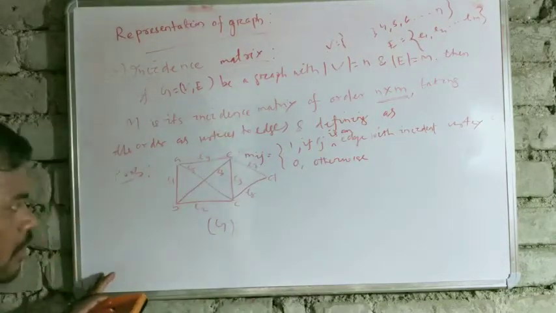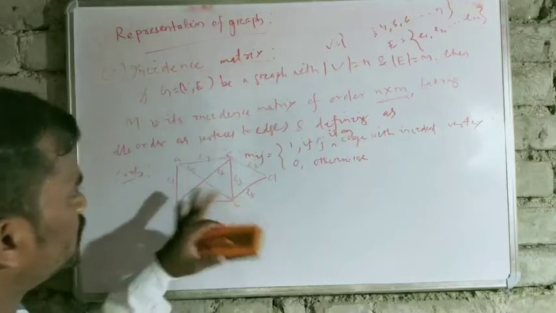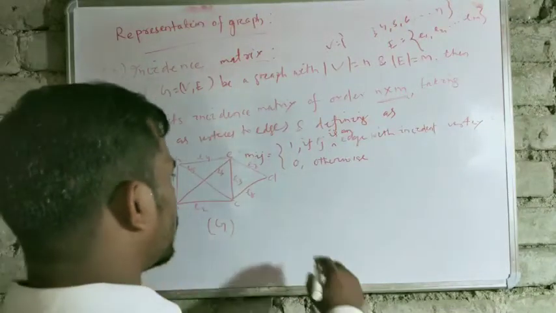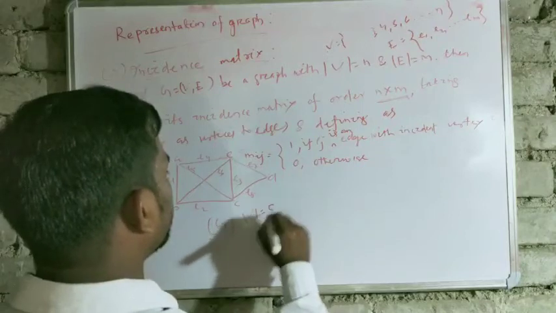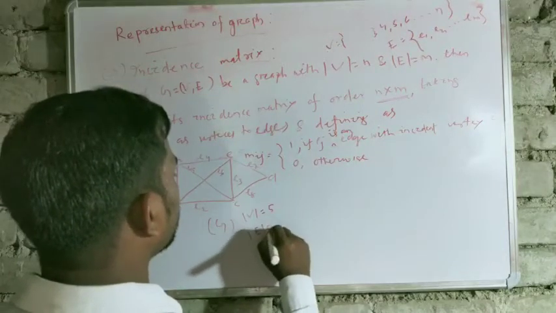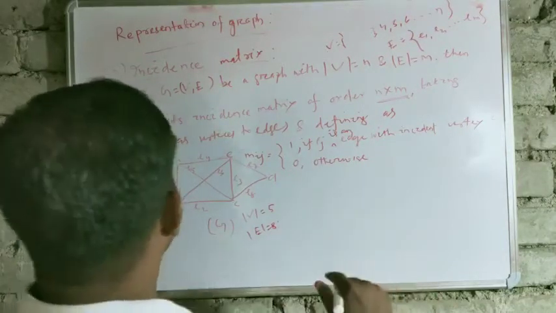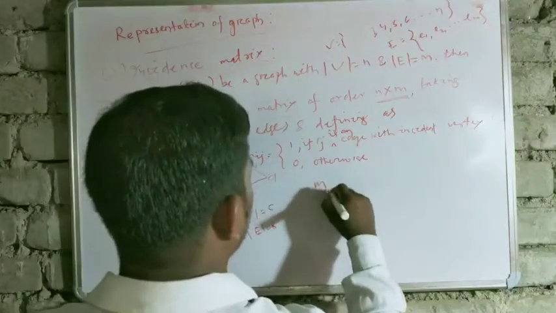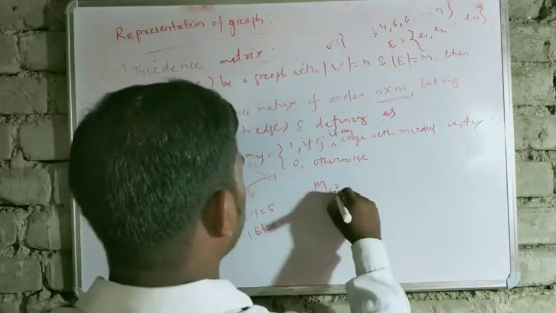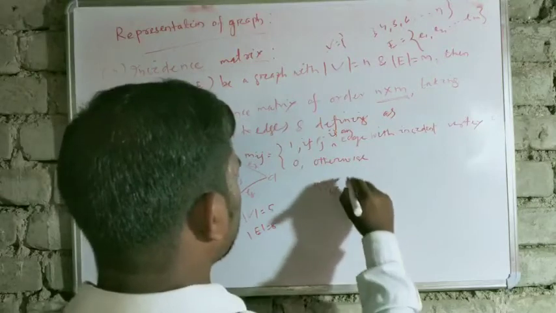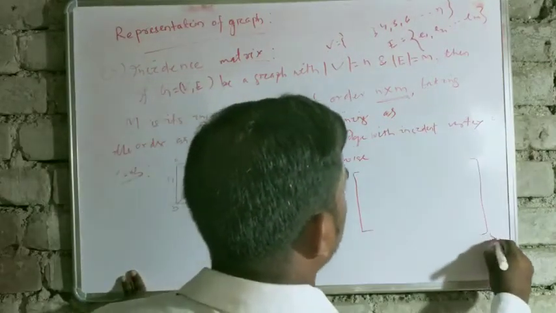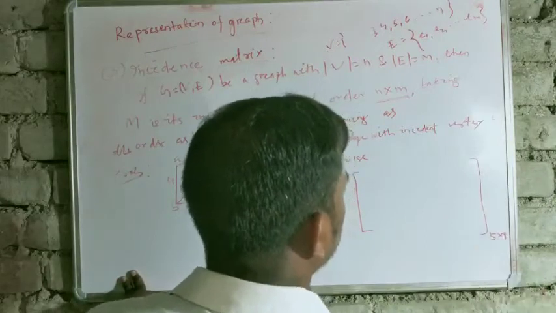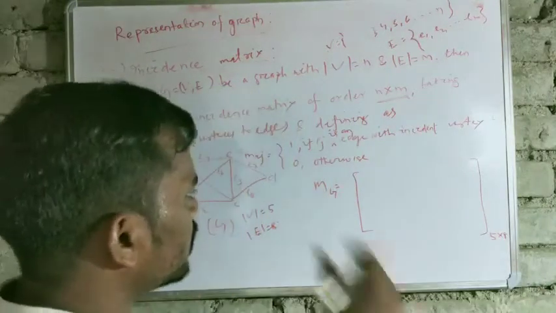Since there are 5 vertices and 8 edges, mod V equal to 5 and mod E equal to 8. So the incidence matrix M of G is a matrix of order 5 cross 8.